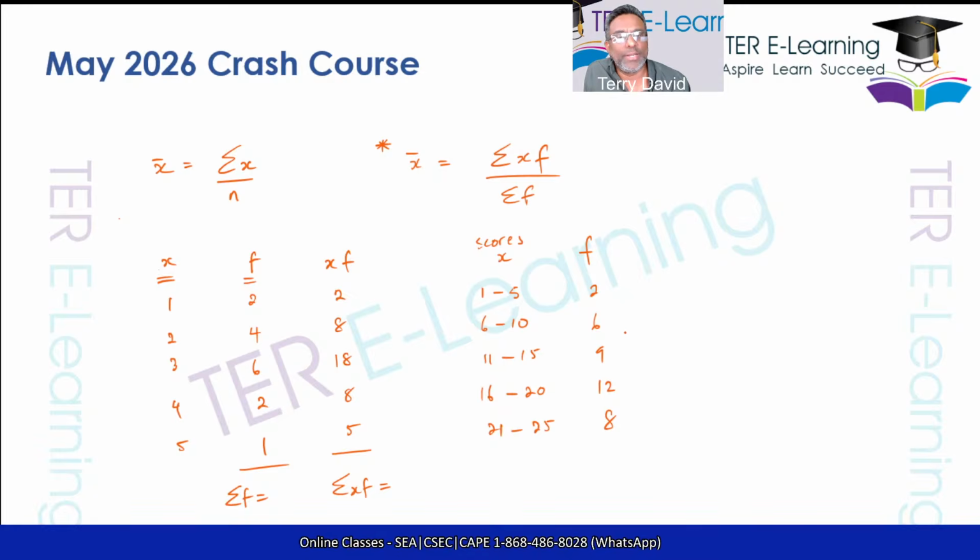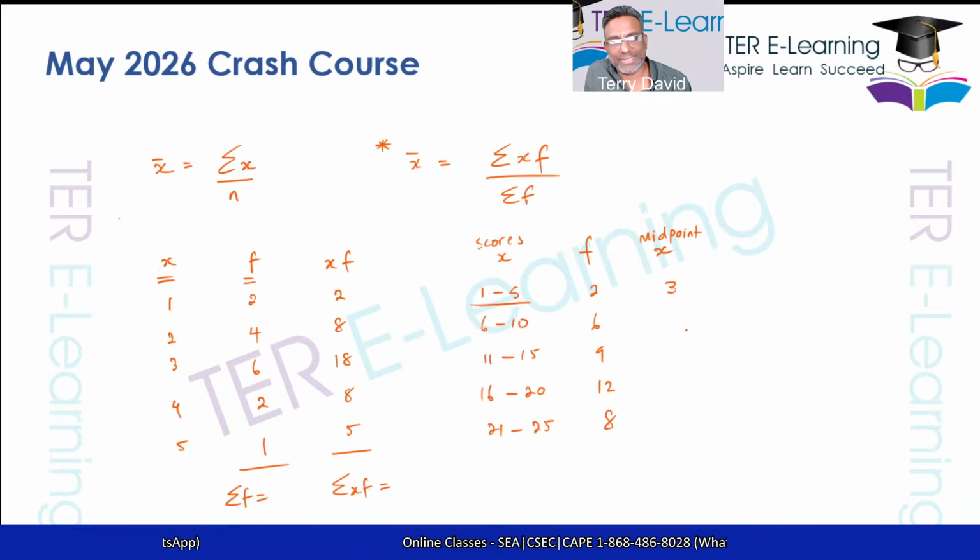If you want to calculate the mean from a table like this, you're going to have to create a midpoint. So we need to calculate the midpoint of the class intervals. To get the midpoint, all you need to do is add up the two numbers and divide by 2. So 5 and 1 is 6, 6 divided by 2 is 3.